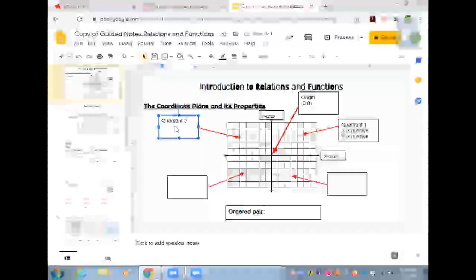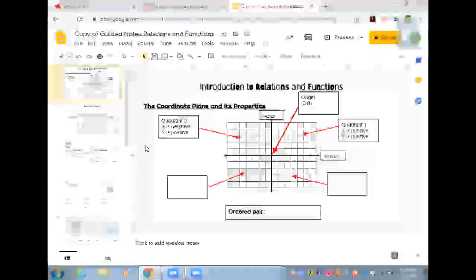And in quadrant 2, X is what? Negative. And Y is positive.